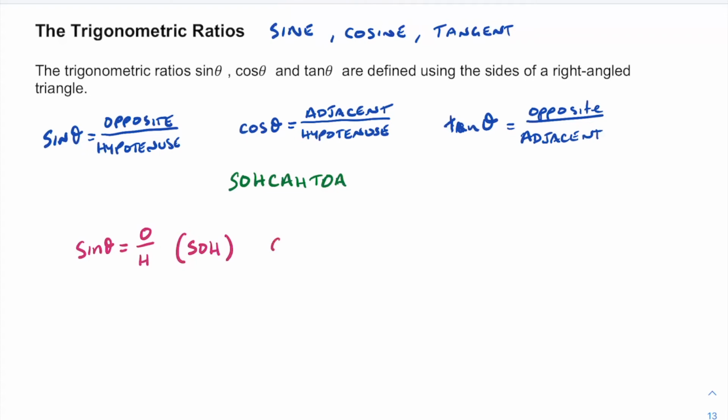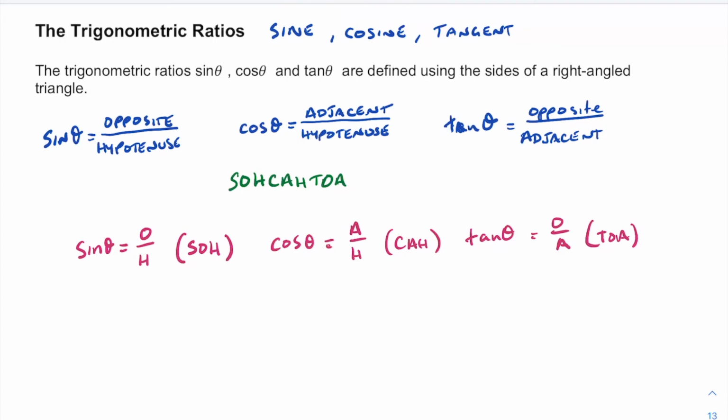And then cosine or cos theta is A over H, which is the CAH part of SOHCAHTOA. And then tan theta being O over A is the TOA part of our abbreviation of SOHCAHTOA. Okay, so that's fairly straightforward so far.